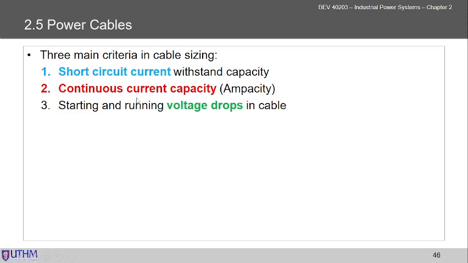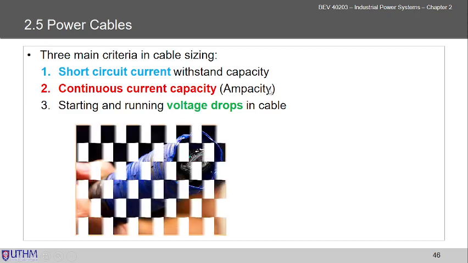The second one is the continuous current capacity, that means current carrying capacity, or we call it ampacity. Finally, we need to analyze the starting and running voltage drops in the cables. So cable sizing also has voltage drop considerations.